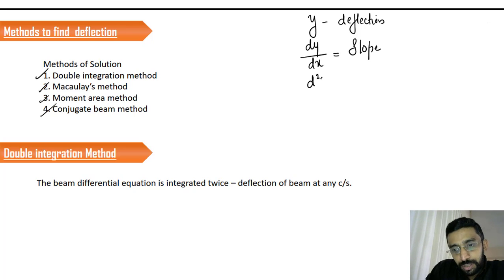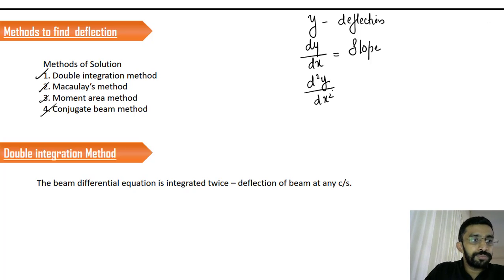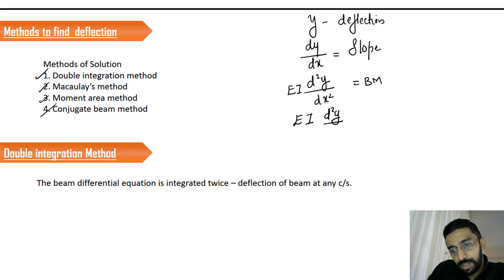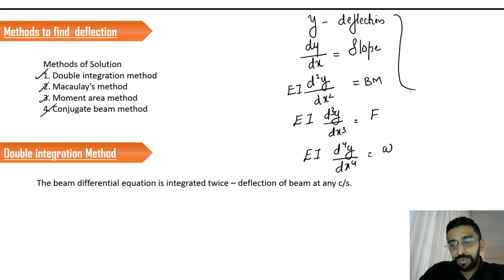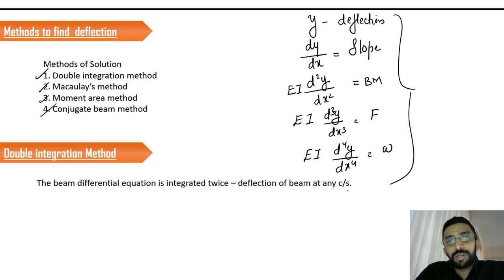Again, if you differentiate it, d square y by dx square, and multiply by EI, that is going to give you the bending moment. Again, if you differentiate it, it is going to give you the shear force, and again if you differentiate it, we will end up with the loading. So such beautiful relations can also be arrived at.